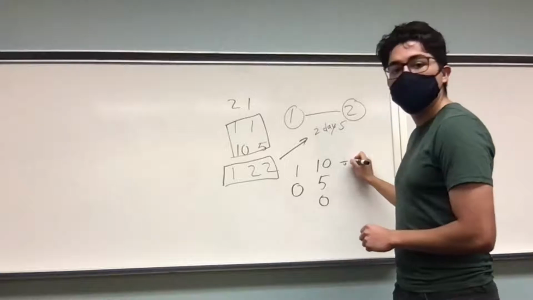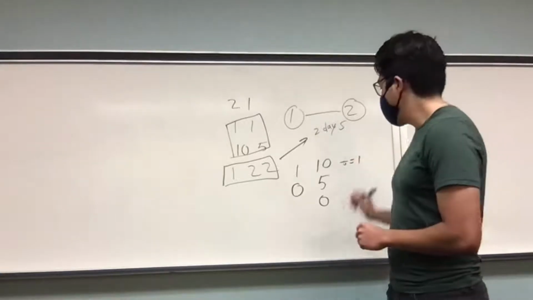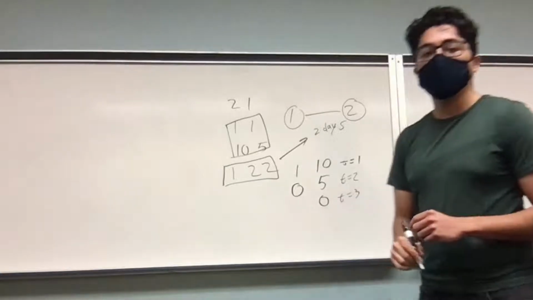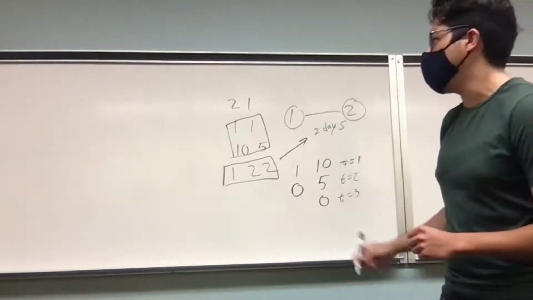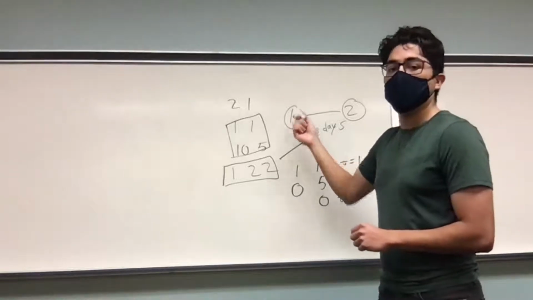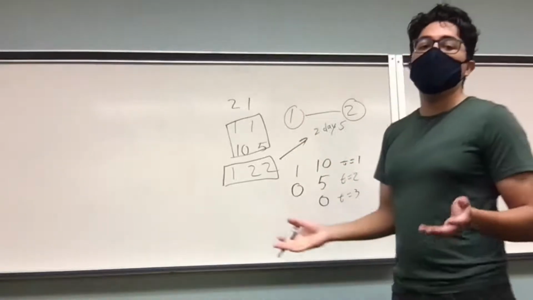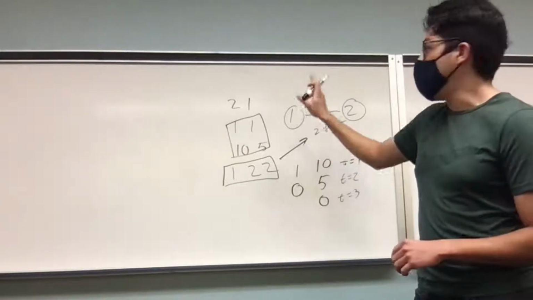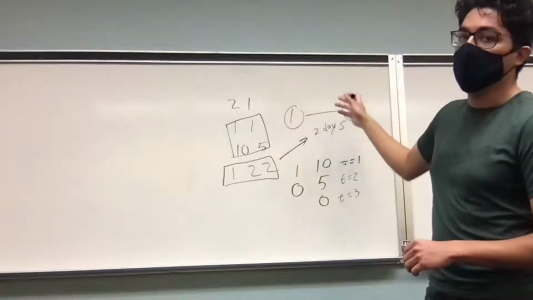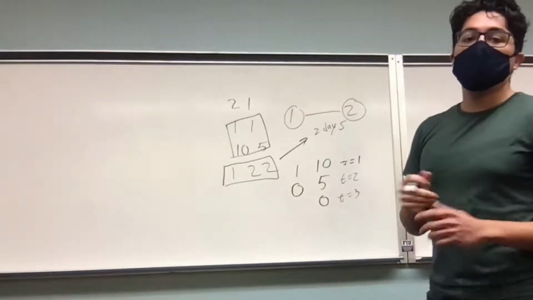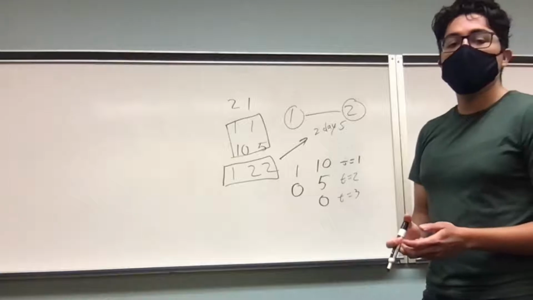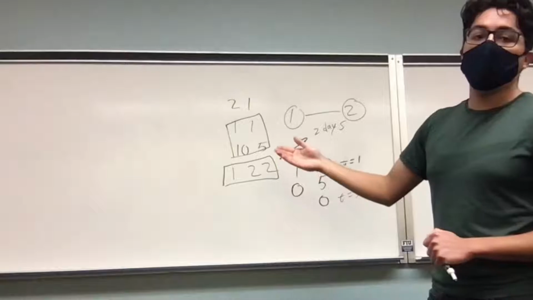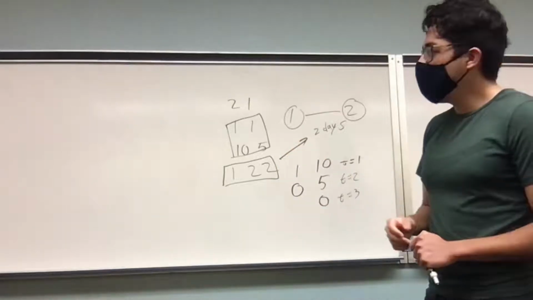I'll say this is t equal to 1, since it's the first day, t equal to 2, and then t equal to 3. From the problem statement, we start on day 1 at mine 1, and then we can go to any other mine we want at any given day. We just have to take t number of days to go from mine i to mine j. Now we want to maximize the amount of gold we can get. We can take the amount of gold on any given day, and then once we leave, we can go to another mine.